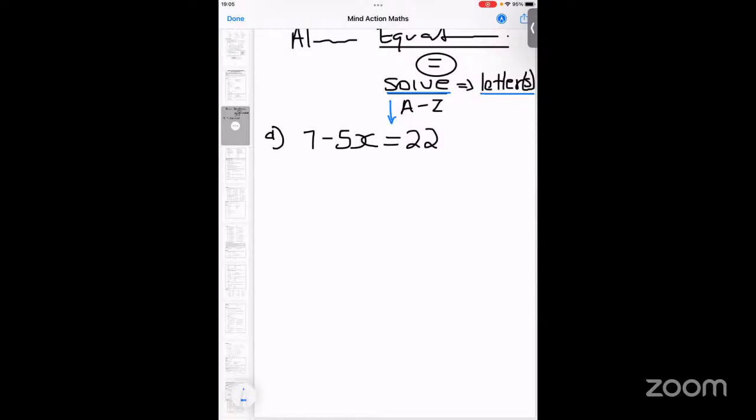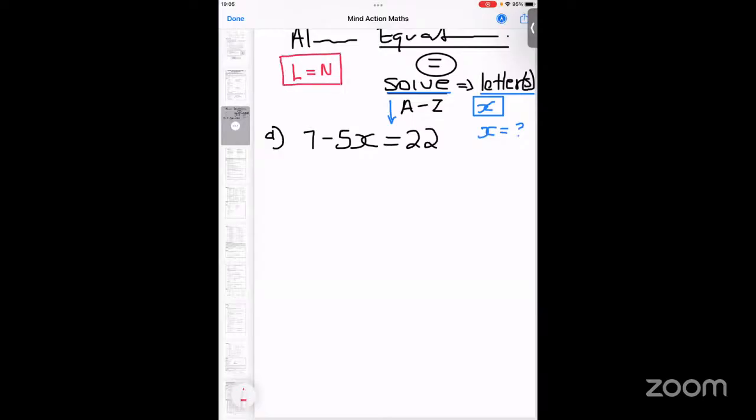On that given equation, what letter are we solving? We are solving for letter X, which means in the end, your final answer should be x equals whatever number. Most importantly, letters on the left, numbers on the right.